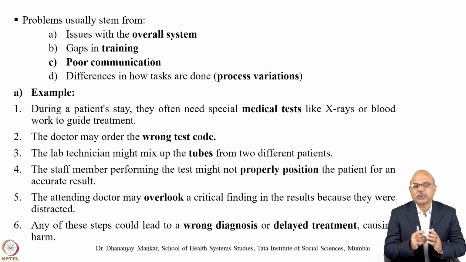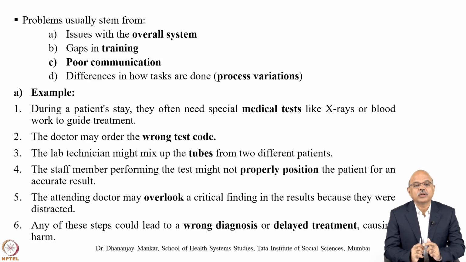There are a few examples that I would like to discuss. During a patient stay, they often need some special medical tests, essentially like x-rays or blood work, to guide treatment. The doctor may order the wrong test. The lab technician might mix up the tubes from different patients. The staff member performing the test might not properly position the patient for an accurate result.